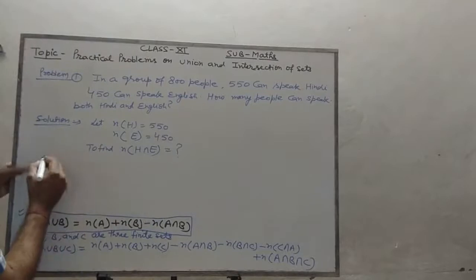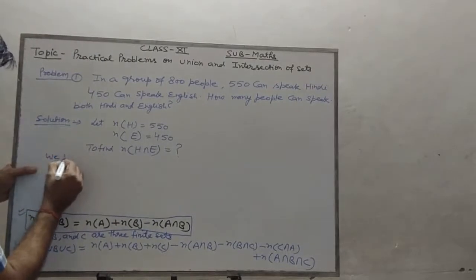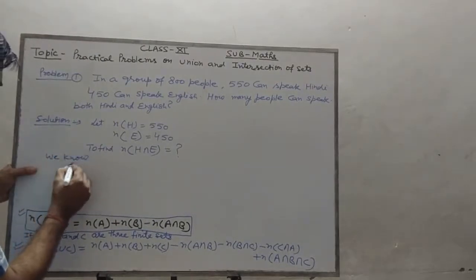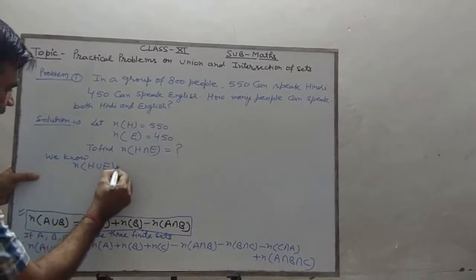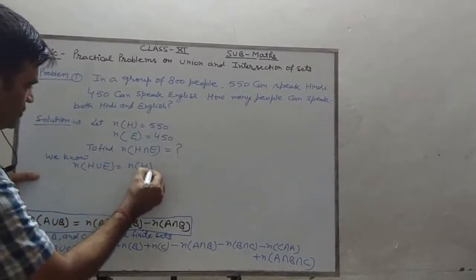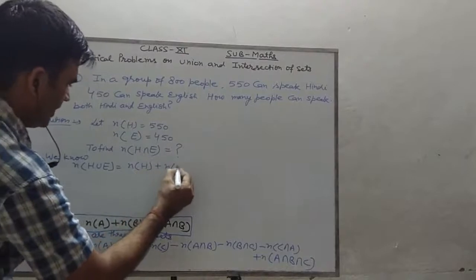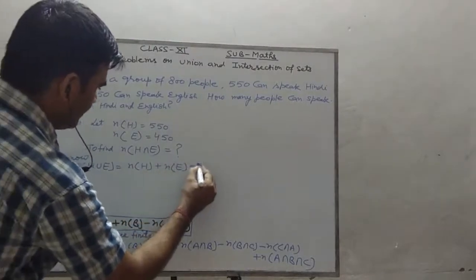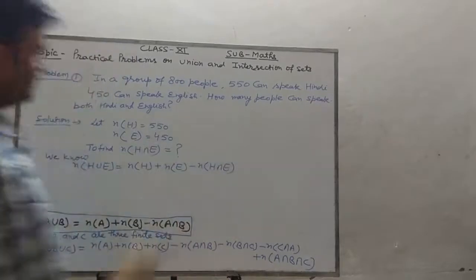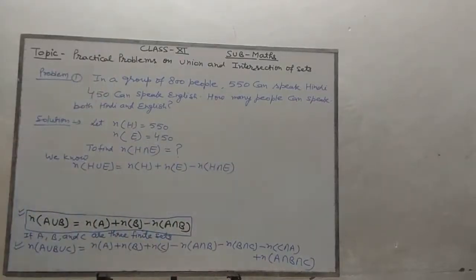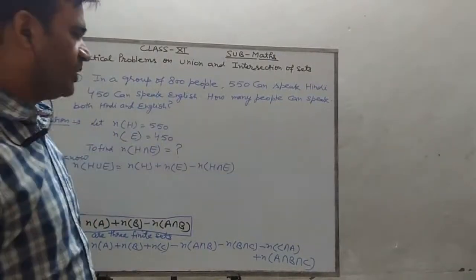We know n of H union E can be written as n of H plus number of elements in E minus number of elements in their intersection. From here you are seeing that 800 is the total number of pupils.